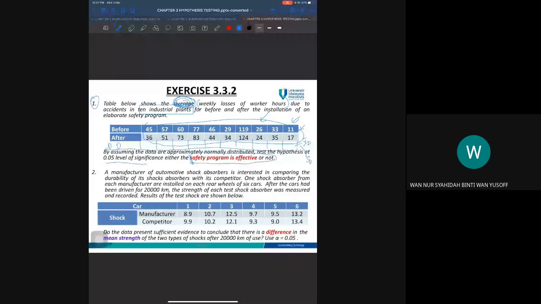For a dependent sample, when we formulate the hypothesis, it is suggested to start from the independent sample.